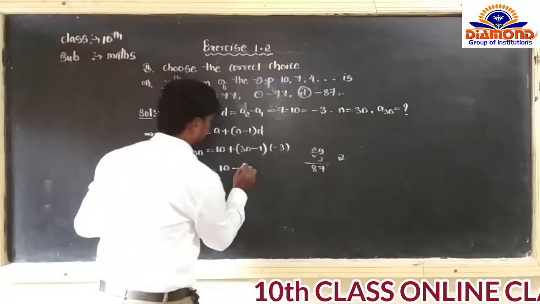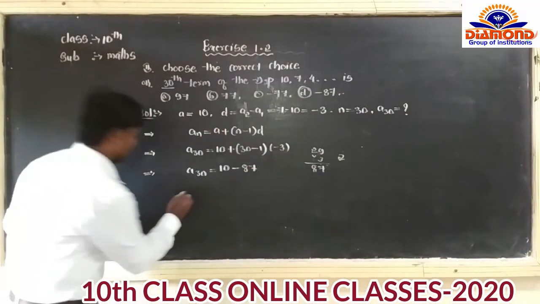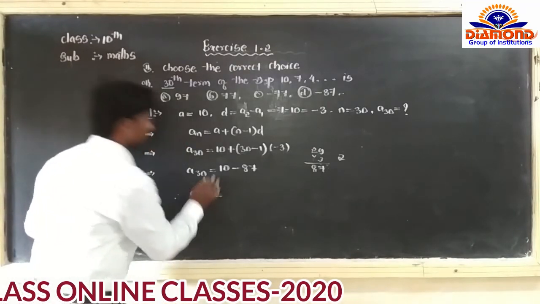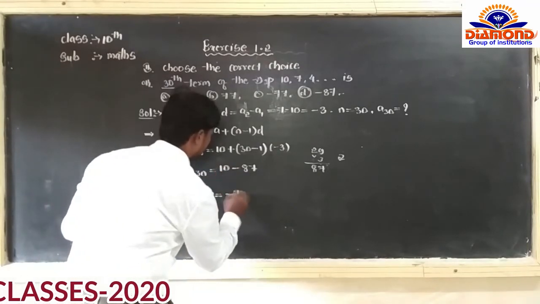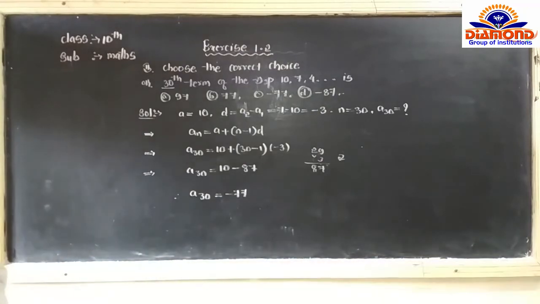We got here 87, dear students. Next step, look at a30. Therefore, a30 is equal to plus 10 minus 87 is equal to, we got minus 77. I thought you understood very well, dear students.